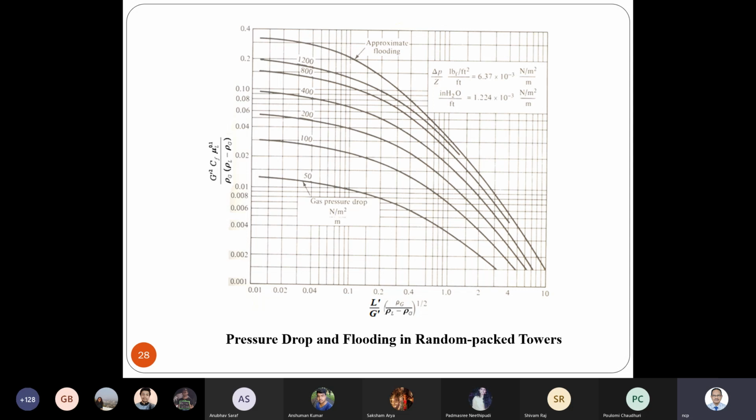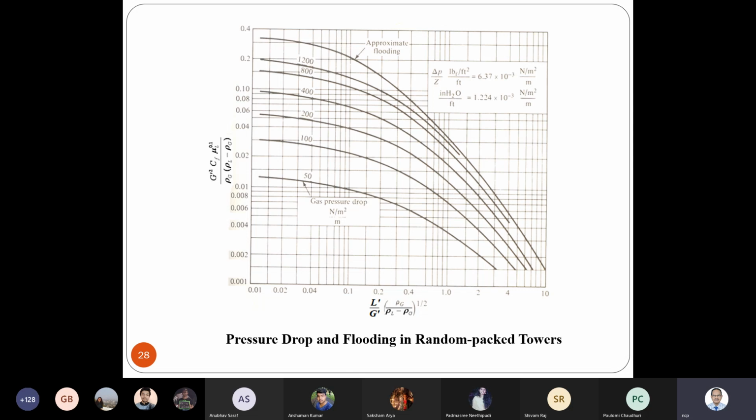Now, if we divide G by G dash, we'll get the cross-sectional area of the tower, right? G dash is the superficial velocity per unit tower cross-section, and G is just the total gas flow rate, the mass velocity, we call this. So if you divide G by G dash, we will get the cross-sectional area of the tower.